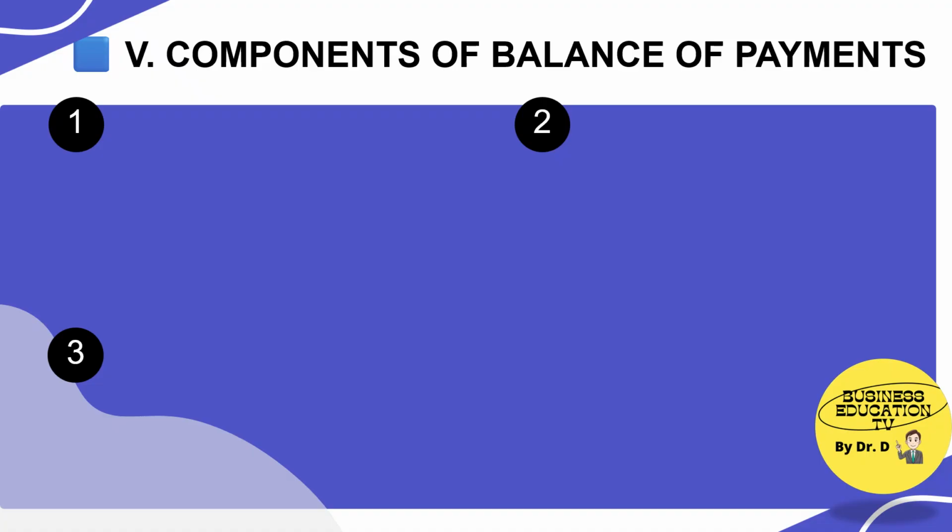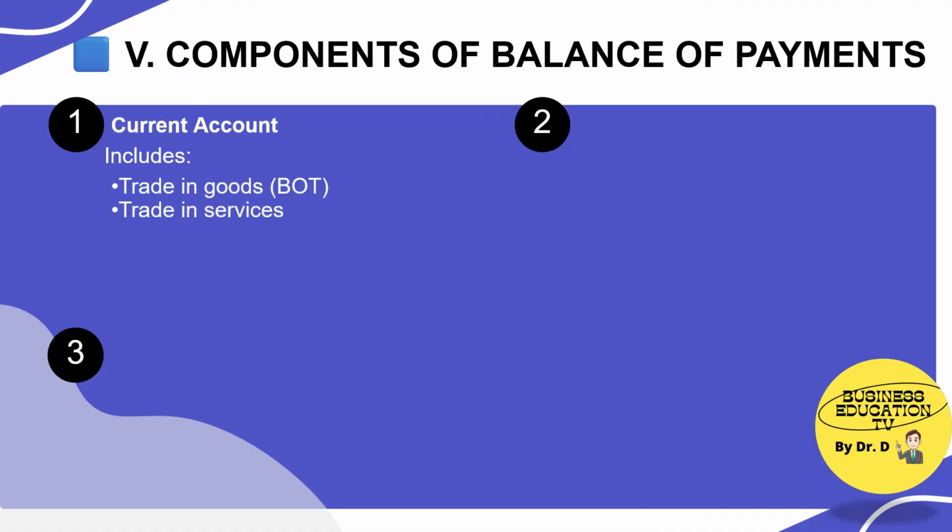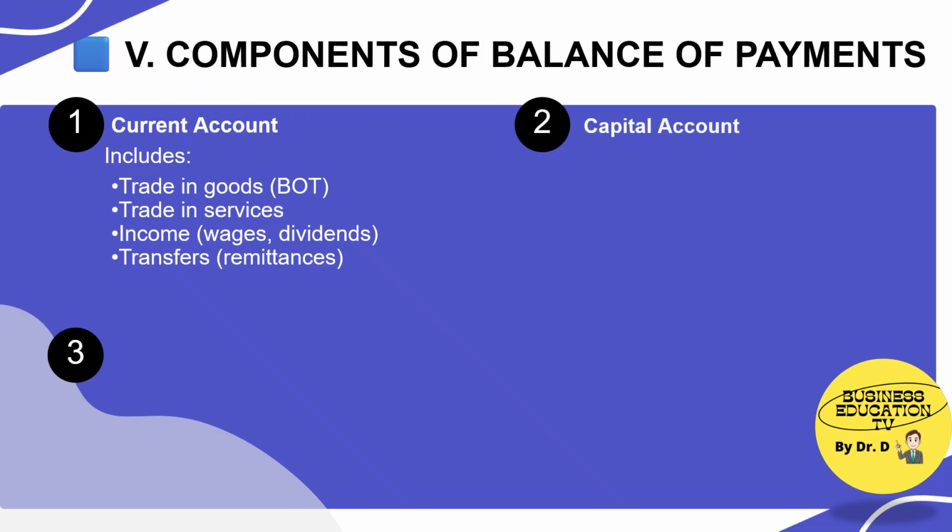So what are the components of the balance of payments? First is the current account, which includes the trade in goods, the BOT, the trade in services, the income, the wages and dividends, and transfers or remittances. For the next one, we have the capital account.